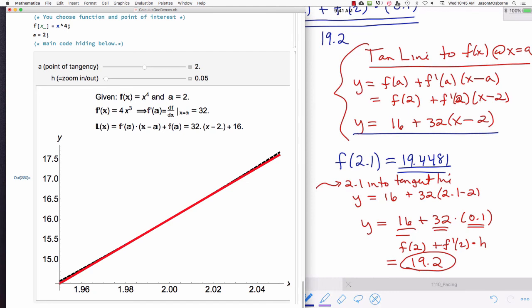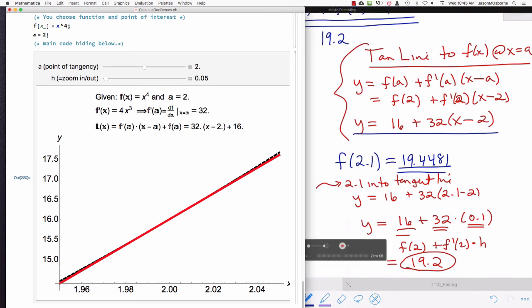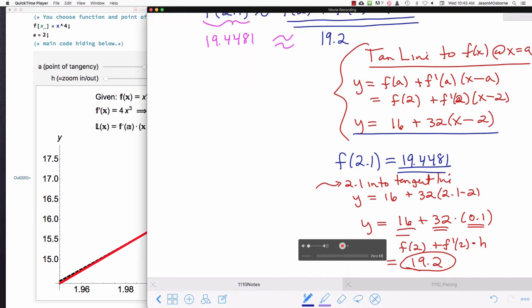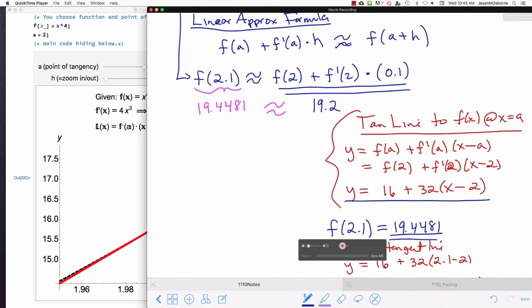So that is graphically what is going on with these two formulas. You can use the tangent line formula and plug in the value of interest, in which case 2.1 minus 2 will give you the h value, how far they're separated from each other, which was the formula that we were writing up here.